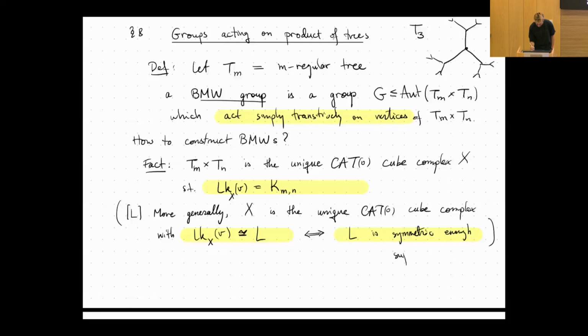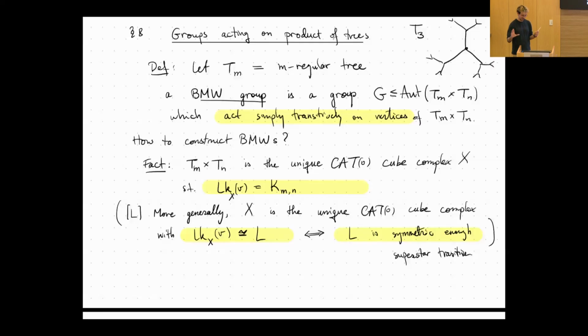The condition I called super star transitive. Okay, which in particular means star transitive. Like you can take the star of any vertex to the star of any other vertex by an automorphism of L. Wait, but the left regularity and right regularity are not the same. Ah, yes, good.